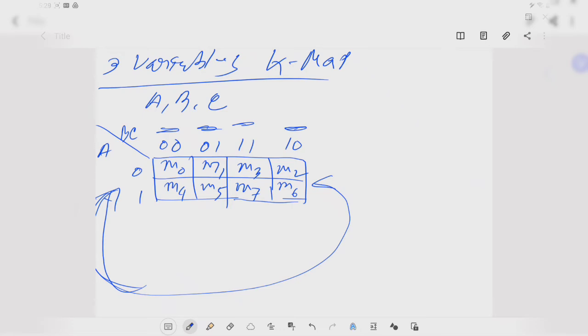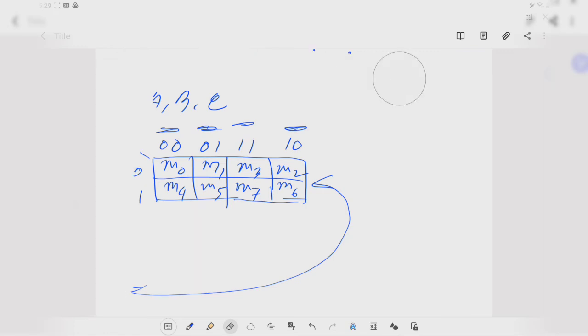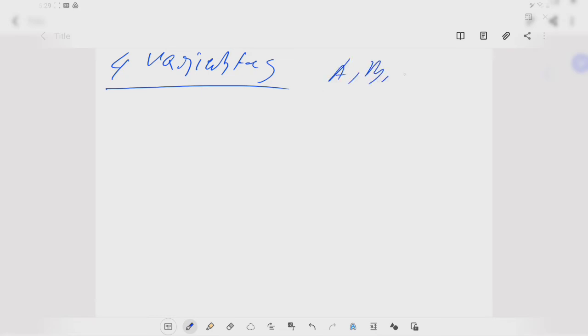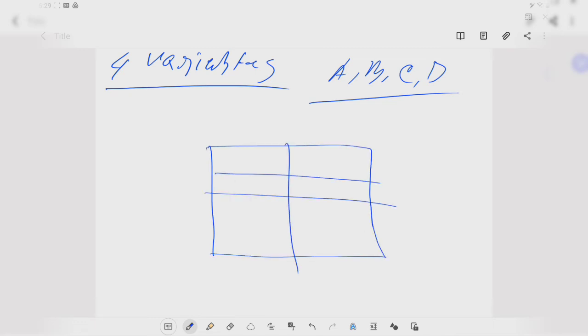Now we want to write the 4 variable K-map. For 4 variables, how many minterms do we have? Total 16 minterms. Let's consider the variables A, B, C, and D. So we have 16 boxes here for 16 minterms.